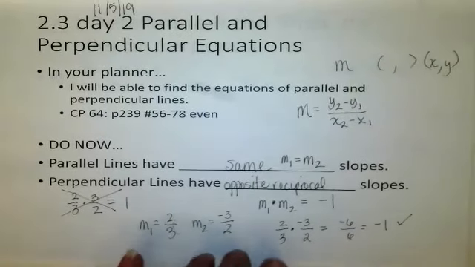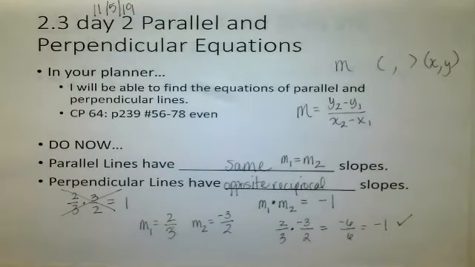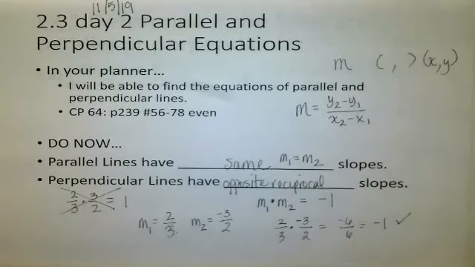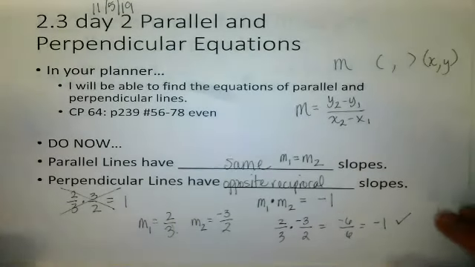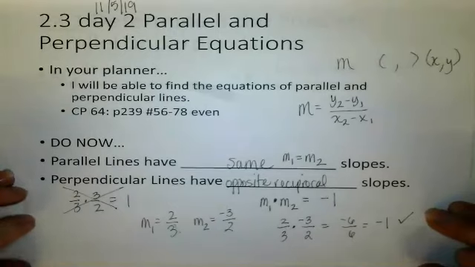So the product of the slopes equals -1. That's the mathematical definition of opposite reciprocals. But usually we just say the words opposite reciprocal, change the sign, flip the fraction. And with that knowledge, then we can go about writing lots and lots of equations today.